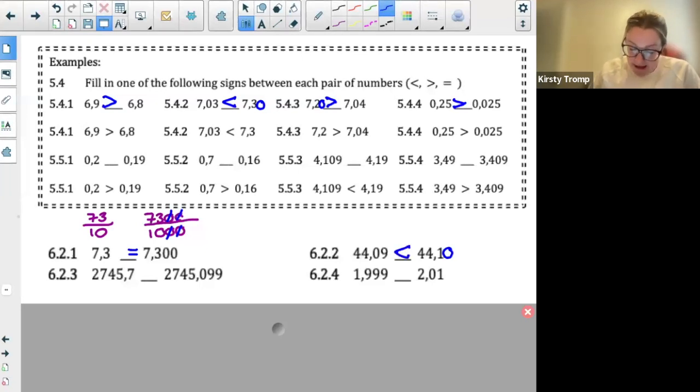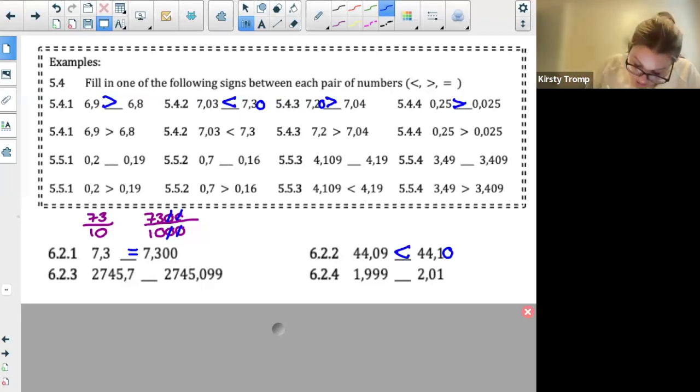So 2 dots, 1 dot, close it off. Okay. Right. My next one, I've got 2745,7. I've got 2745,099. So that big number before, 2745, not going to help me, hey? Because they're the same thing. Then I have comma 0 and I have comma 099. So 3 decimal places.